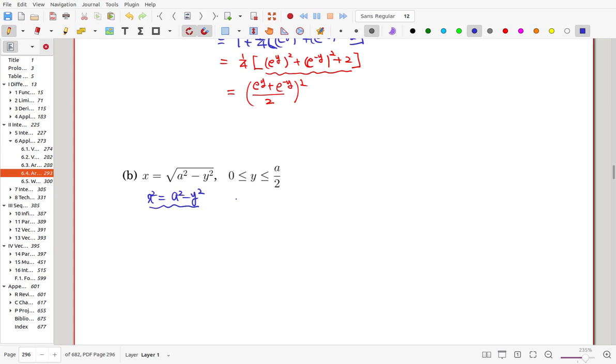So pictorially, right now, given in this way, okay, over there x is positive, and then here there's a.